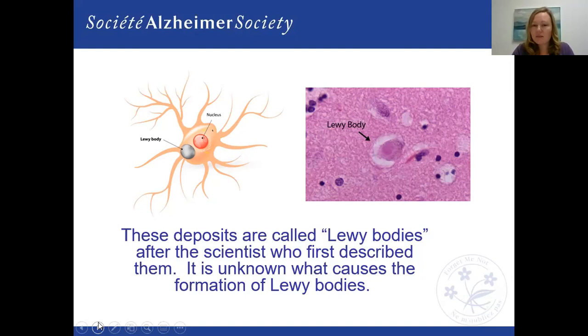When cognitive symptoms appear first, indicating that Lewy bodies are present in the part of the brain responsible for thinking, so maybe here at the front, then the term dementia with Lewy bodies is used. If physical symptoms appear first, with cognitive symptoms developing a year or even more later, then the term Parkinson's disease dementia is used.